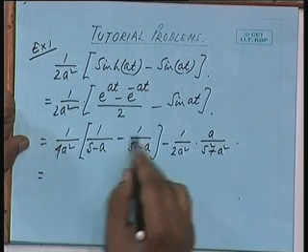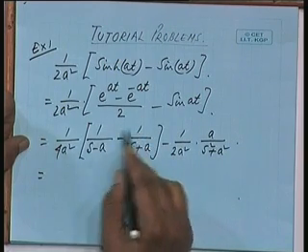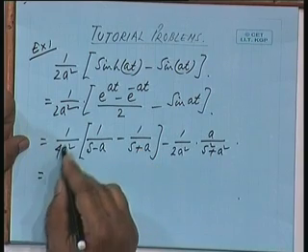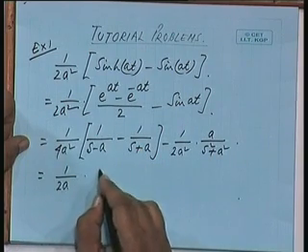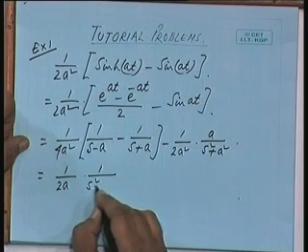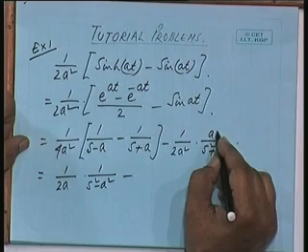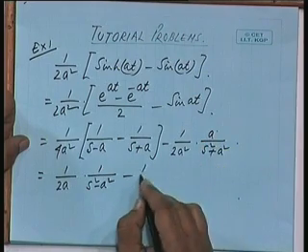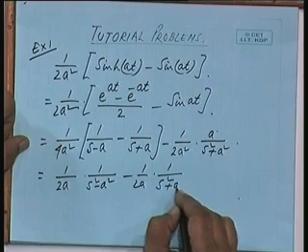So if I add these two, it will be s plus a minus s plus a, so twice a, so that will be 1 by 2a into 1 by s squared minus a squared, minus here 1 a goes, so 1 by 2a into 1 by s squared plus a squared.